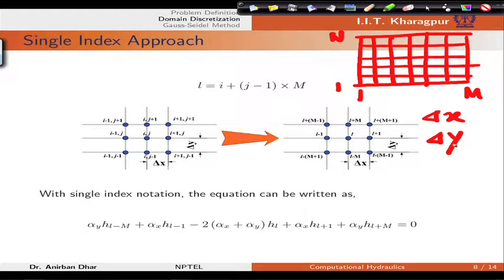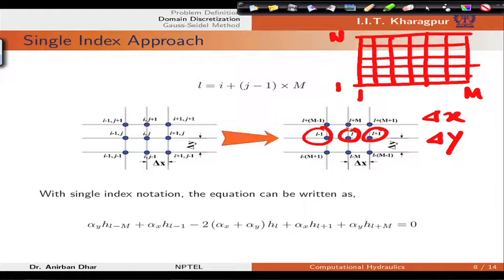With single index notation, for any general node L, the top node is L plus m, the bottom one is L minus m, the left one is L minus 1 and the right one is L plus 1.